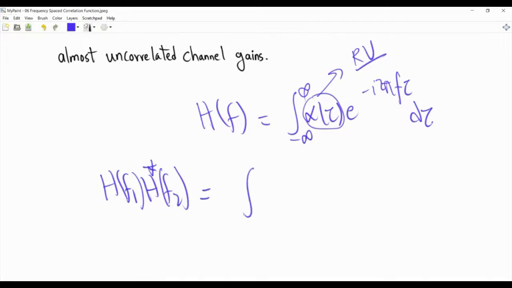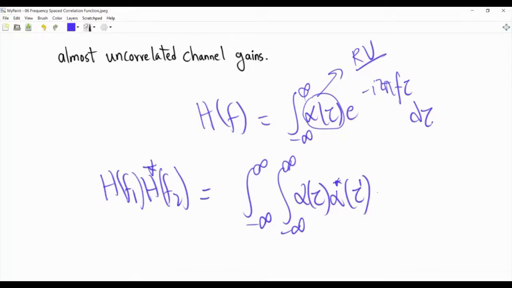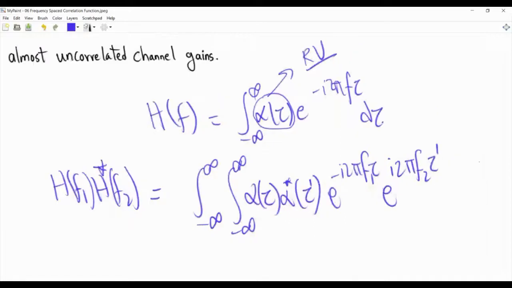So this will be the double integral of alpha of tau, alpha conjugate of tau prime, e to the minus i 2 pi f1 tau, e to the i 2 pi f2 tau prime, d tau d tau prime.